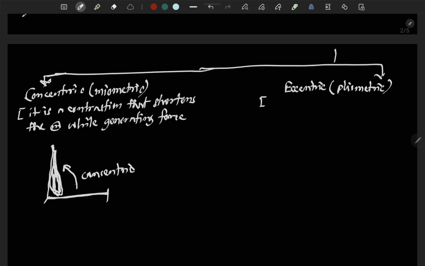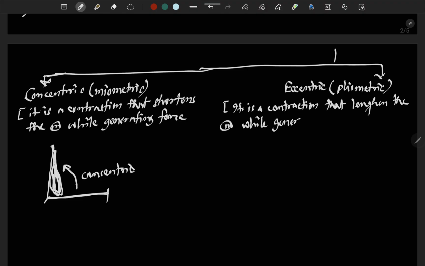It is the eccentric or plyometric. It is a contraction that lengthens the muscle while generating force.